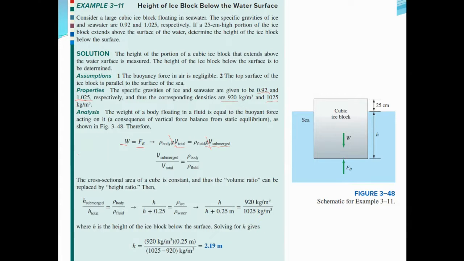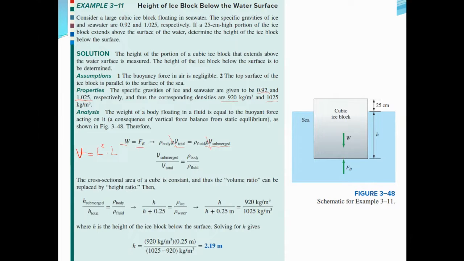This we know, and thus the volume ratio can be replaced by a height ratio, because the volume of a cube is simply the cross-sectional area times the length. So it's constant. The cross-sectional area in both cases, for the volume submerged and the total volume, is the same.